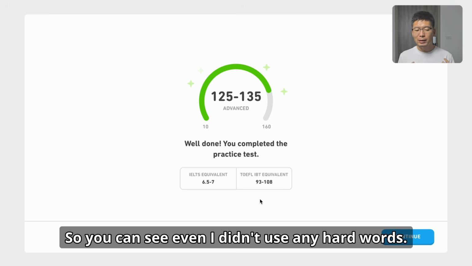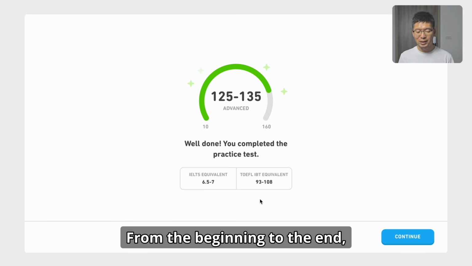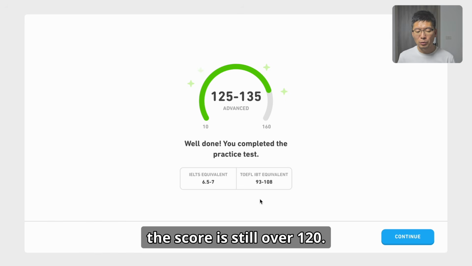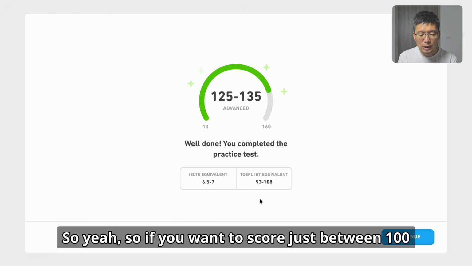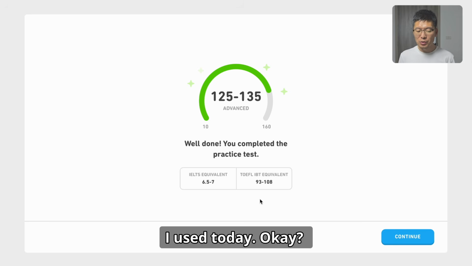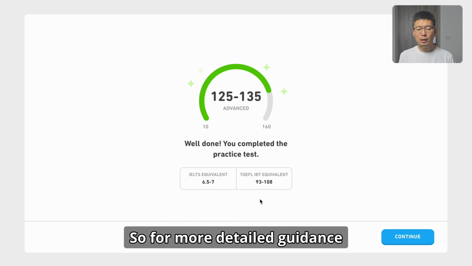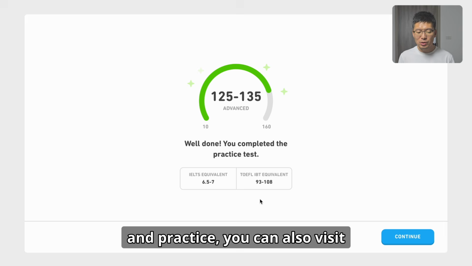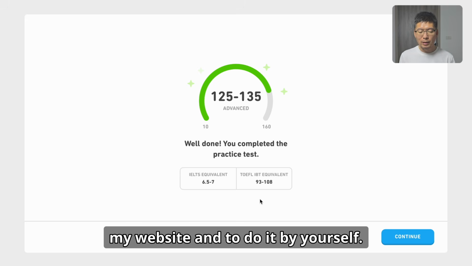So you can see even I didn't use any hard words, right? From the beginning to the end, the score is still over 120. So yeah, if you want to score between 100 and 120, you can just use all the strategies I used today. Okay, so for more detailed guidance and practice, you can also visit my website.